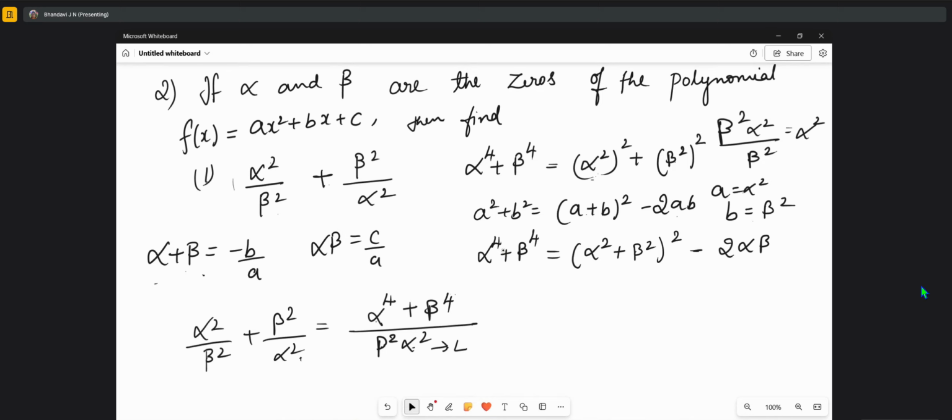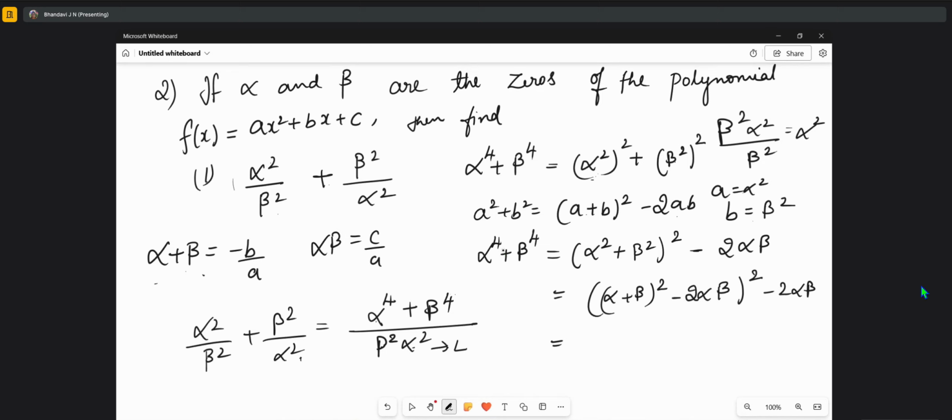Okay. Now further try to simplify this. Alpha square plus beta square is what? Again this is equal to alpha plus beta whole square minus 2 alpha into beta. Okay.